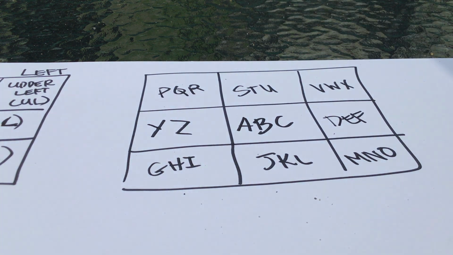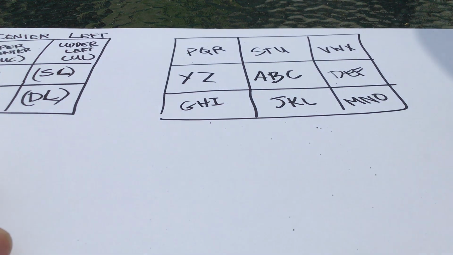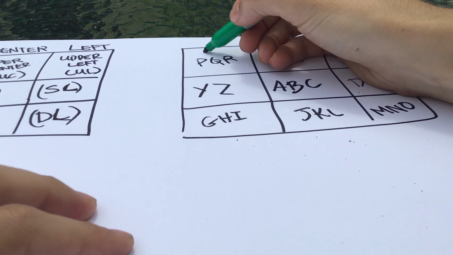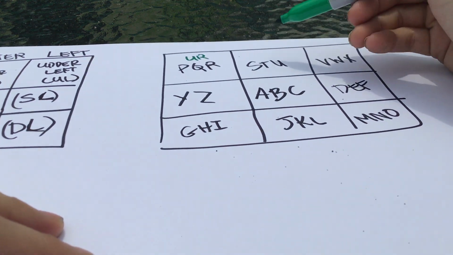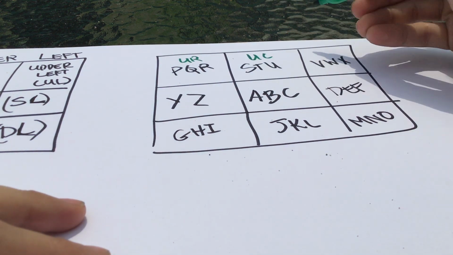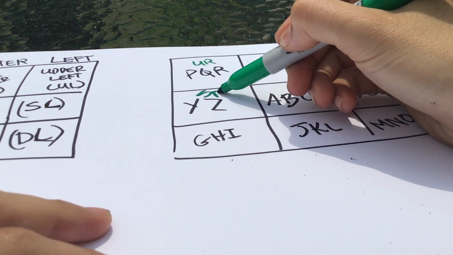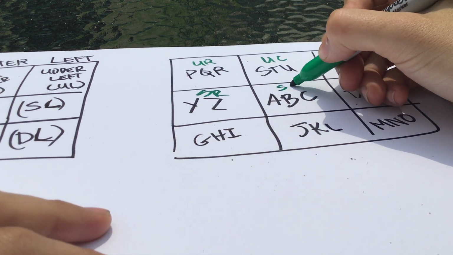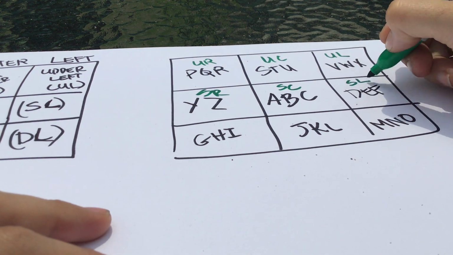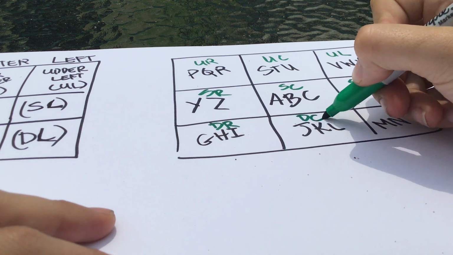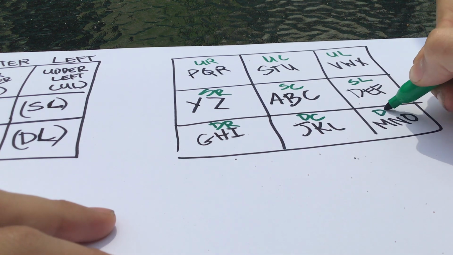All right, so as far as the code goes, if I wanted to write the word hello here, I'm going to put it in a different color. So this is UR, this is UC, this is UL, this is SR, this is SC, SL, DR, DC, and DL.